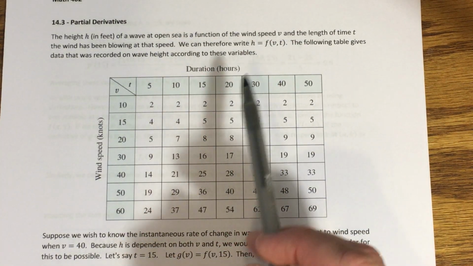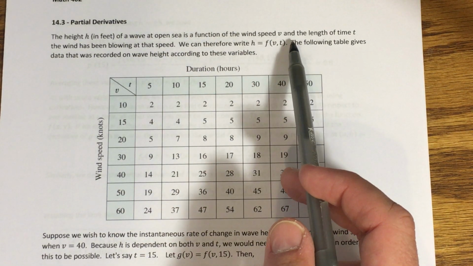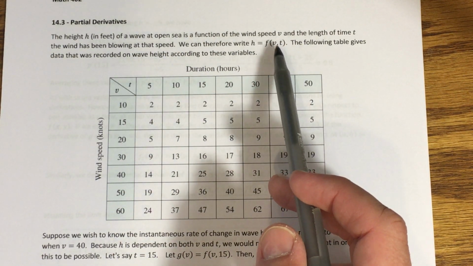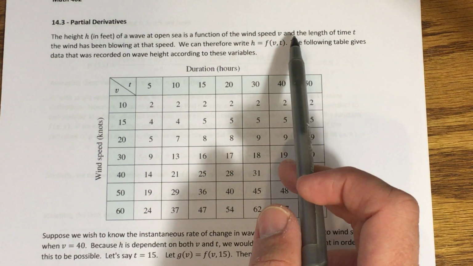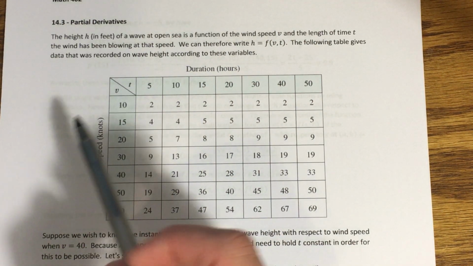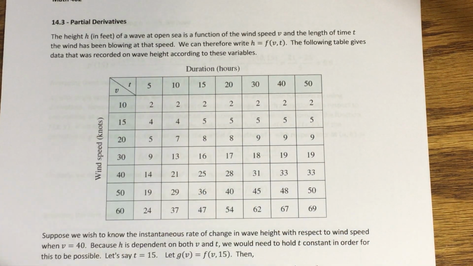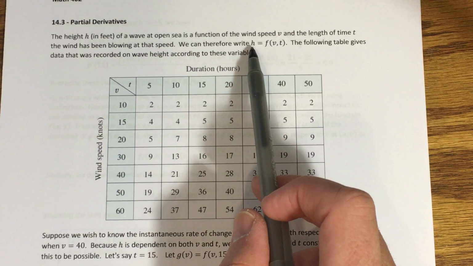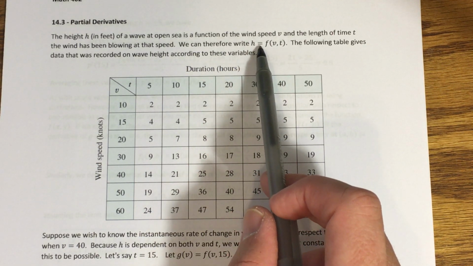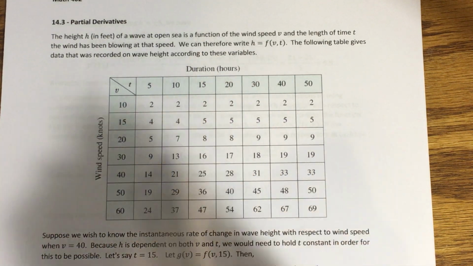It's a function of wind speed, which we're going to call v for velocity, and it's also a function of time, specifically the length of time that the wind has been blowing at a particular speed. So we're going to call that time t. That's going to be measured in hours. Wind speed is going to be measured in knots. We can write, therefore, h is equal to f of v, t. So h is a function of those two variables.